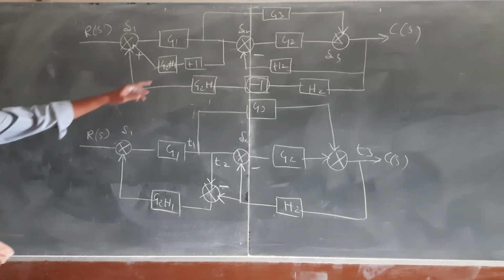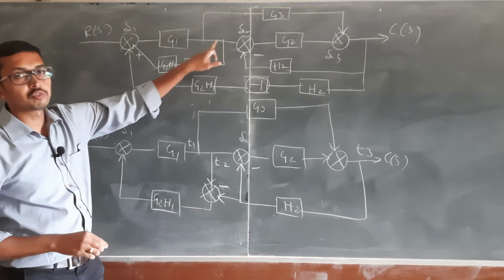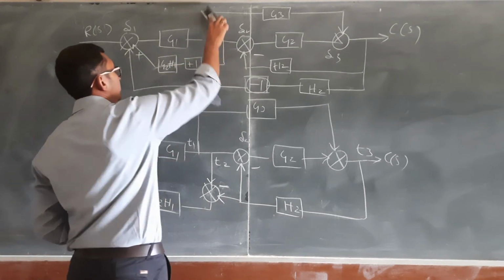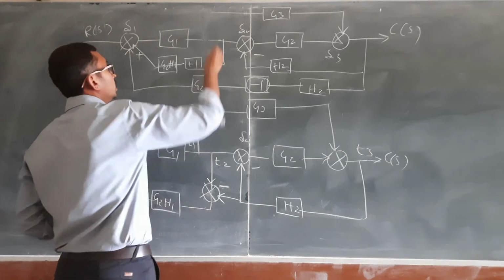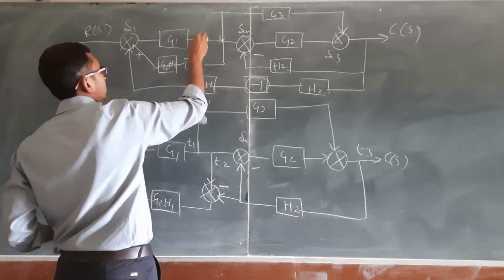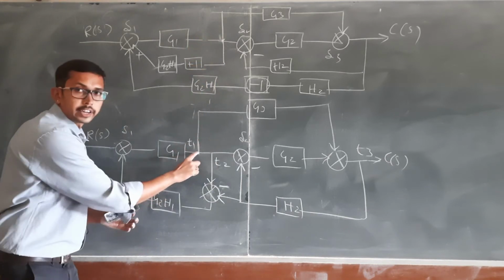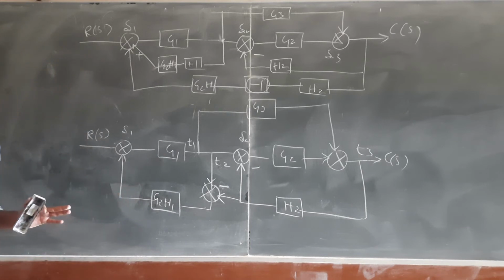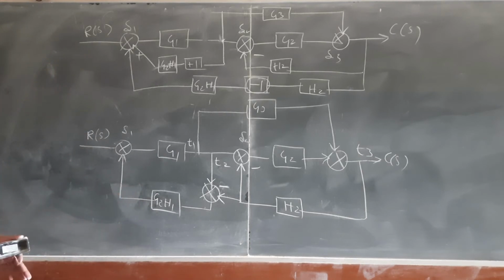Instead of writing a separate takeoff point over here, this can be written over here only. Since both are takeoff points, we can merge them and call it a single takeoff point.